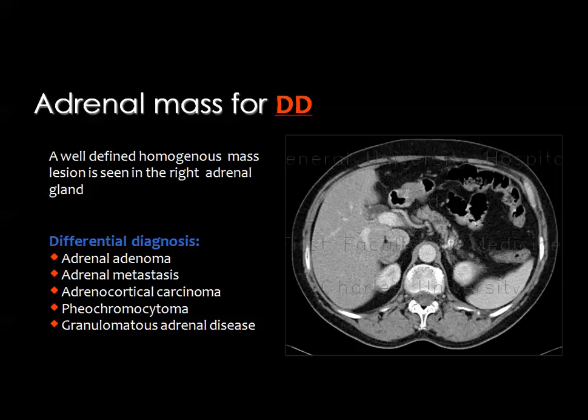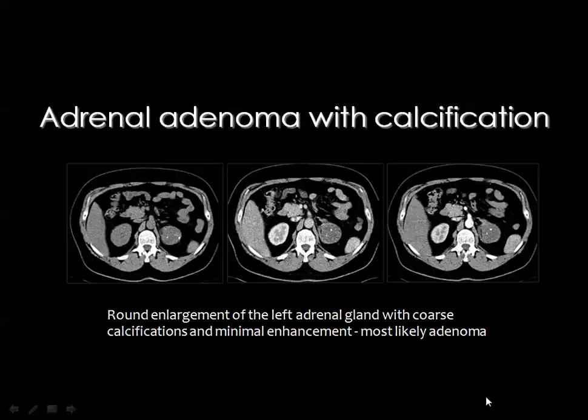Then I mean that if you see a suprarenal mass and this mass does not fulfill the criteria of a lipid-rich adenoma, then the differential diagnosis is wide, including lipid-poor adenoma, adrenal metastasis, adrenocortical carcinoma, pheochromocytoma, and granulomatous disease.